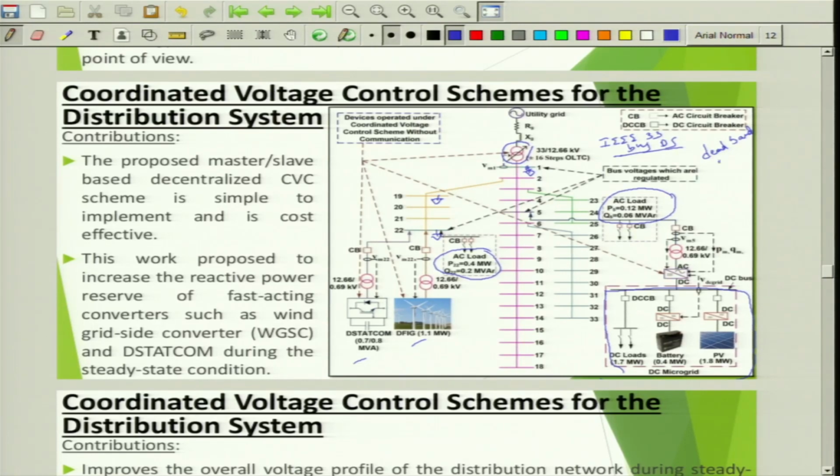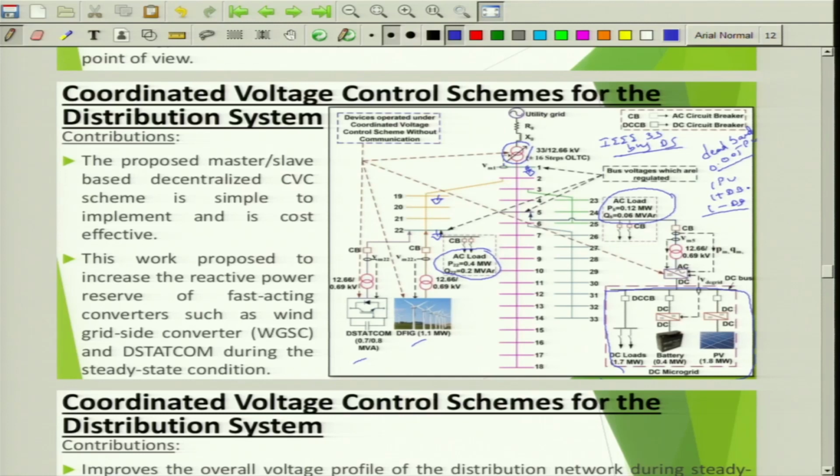Let us say the dead band is 0.005 per unit. If the voltage deviates from 1 per unit to 1 plus dead band or 1 minus dead band, only then will the OLTC consider that as a time for action.